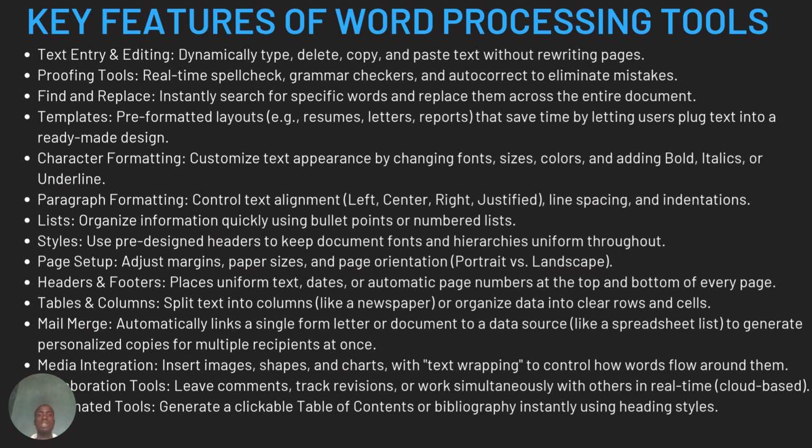Lastly, we look at the key features of word processing tools. Amongst all these five that I've looked at, what are the key features of word processing tools that are available in each of them? So, there is media integration where you can insert images, shapes, and charts with text wrapping to control how words flow around them. Although there are some differences in how you insert media, you will find that most of them allow it.